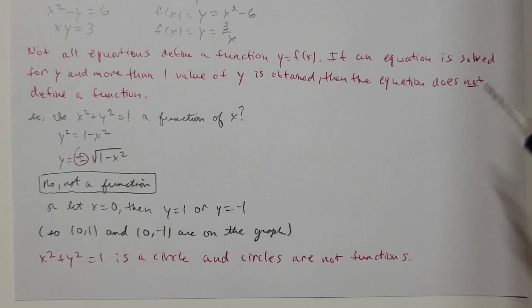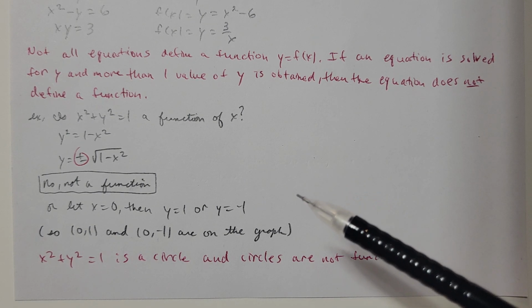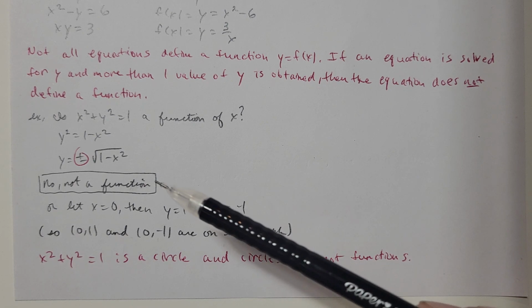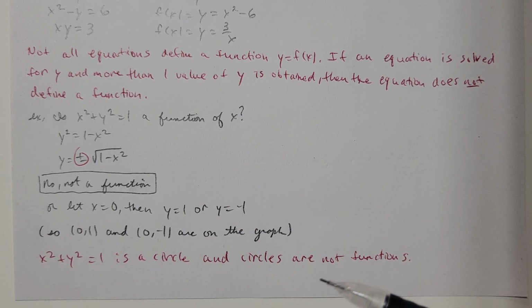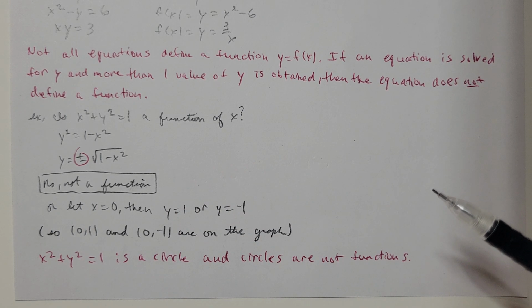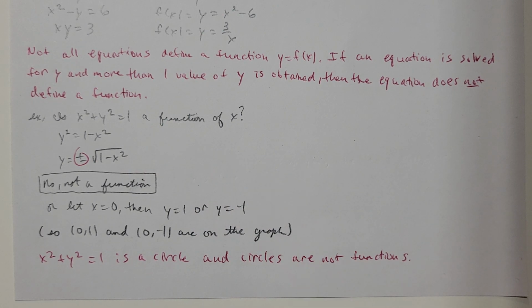Now, we're in explicit form, but notice how I wouldn't have a function, because remember the definition for a function, the first thing I talked about in this section. It says for each value of x, there's only one value of y. There's not a plus y and a minus y. There's only one value of y. So this equation would not be a function.